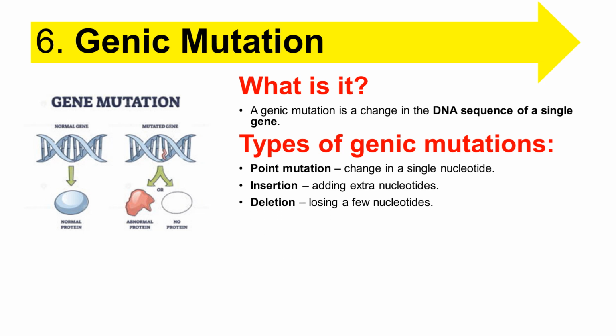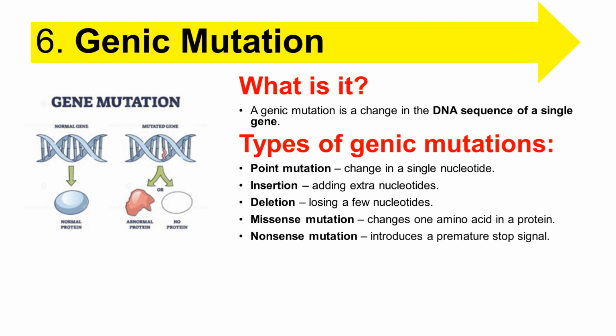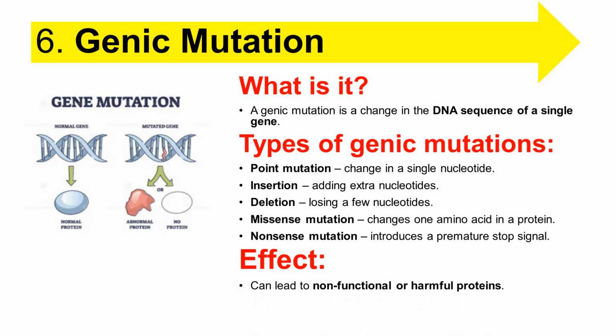Deletion, losing a few nucleotides. Missense mutation, changes one amino acid in a protein. Nonsense mutation, introduces a premature stop signal. Effect: can lead to non-functional or harmful proteins. Examples: sickle cell anemia, cystic fibrosis, hemophilia.